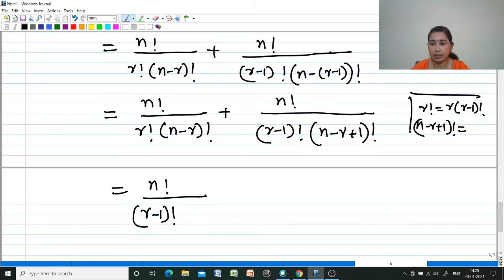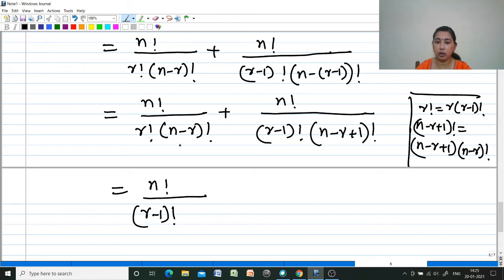That is the same as (n minus r plus 1), then decrease 1 we get (n minus r) factorial. So, this is a greater value than n minus r. So, (n minus r plus 1) factorial is (n minus r plus 1) into (n minus r) factorial.